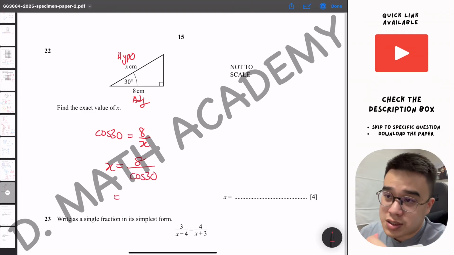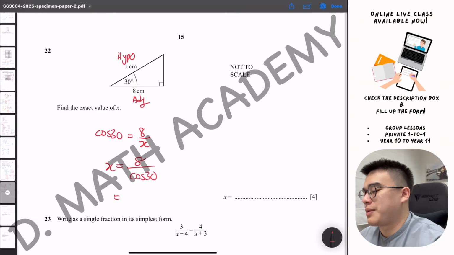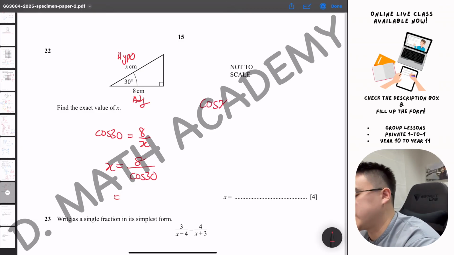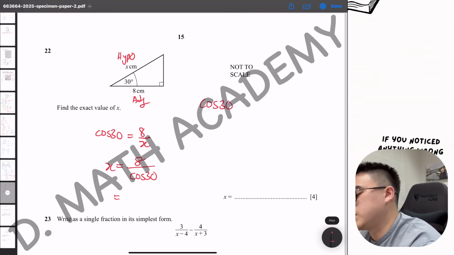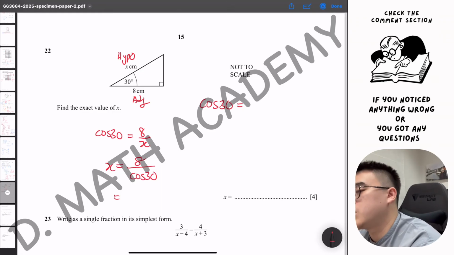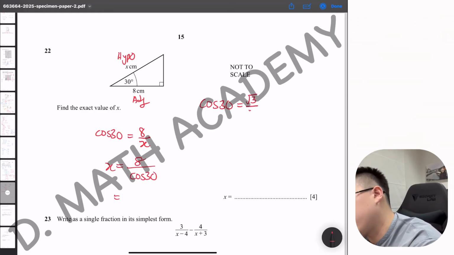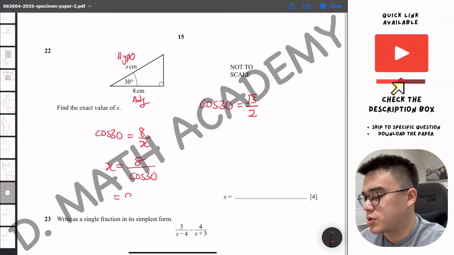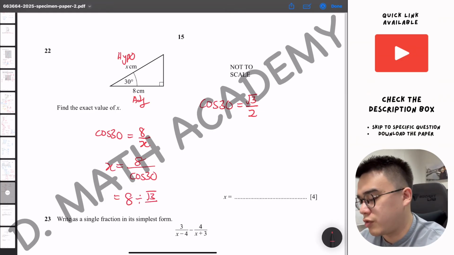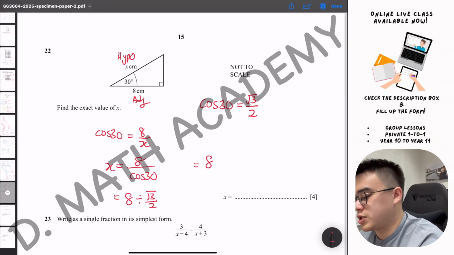Okay, back then at this stage we'd be using our calculator, but now they actually want you to memorize the list of the cosine values here, which is square root 3 over 2. Okay, so 8 divided by square root 3 over 2. Make the readjustment.